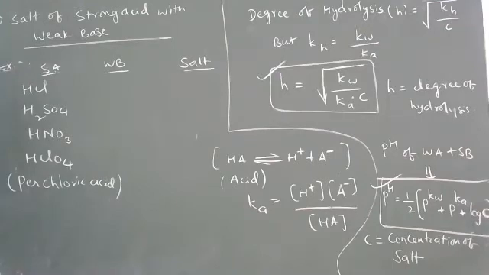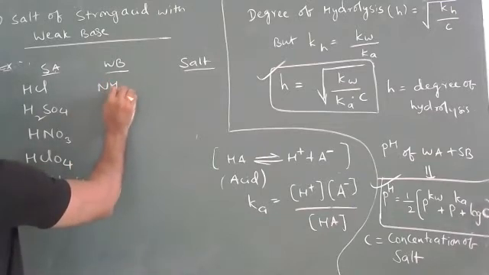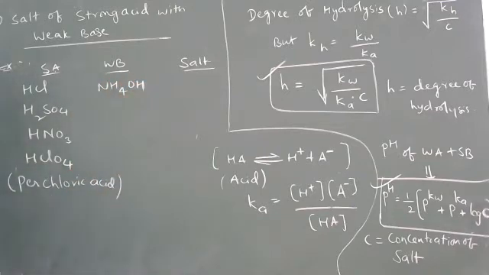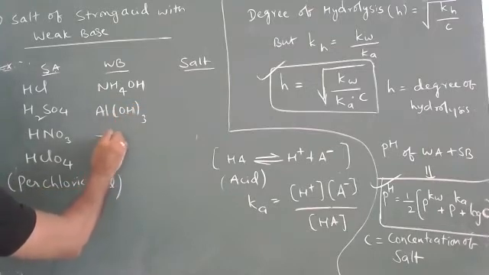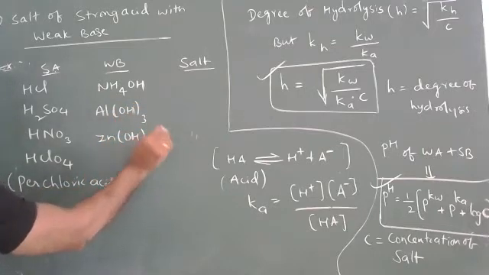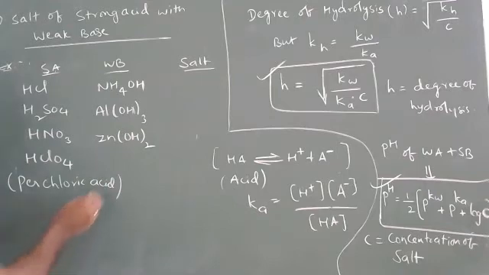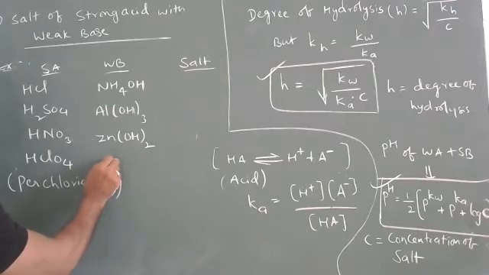And their respective weak bases. Weak bases are NH4OH, ammonium hydroxide, aluminum hydroxide, zinc hydroxide. Okay, so like this we can take a number of compounds.